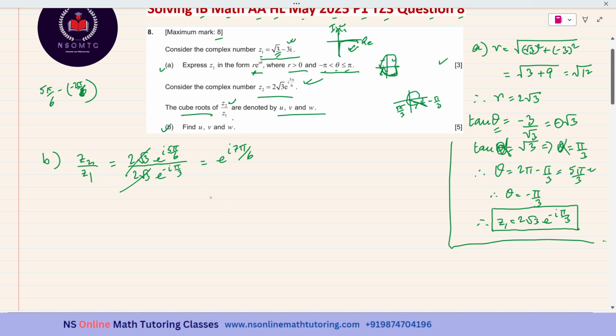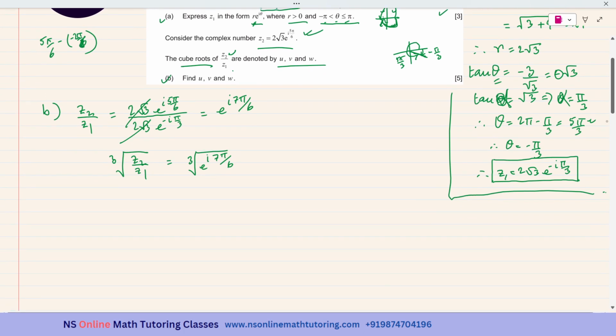Clear? And now we have to get the cube root of this complex number. So cube root of Z2 over Z1 is equal to cube root of e to the power of i 7 pi over 6.